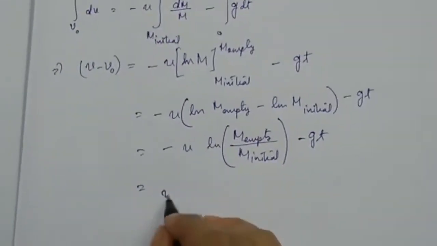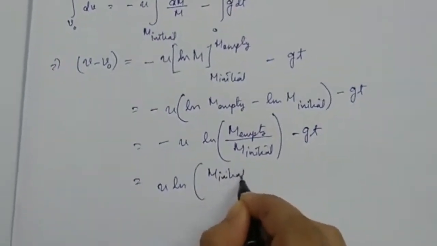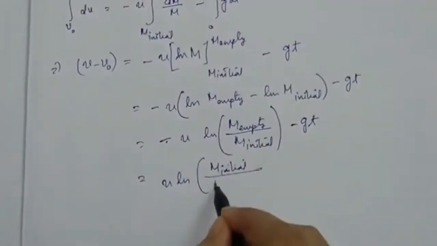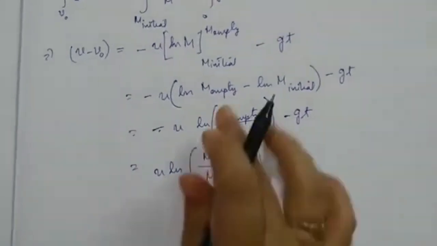So you can write m ln, I can write m initial, because if I negate, it means minus 1, so it will be inverted, so m empty. I hope you can understand this step.